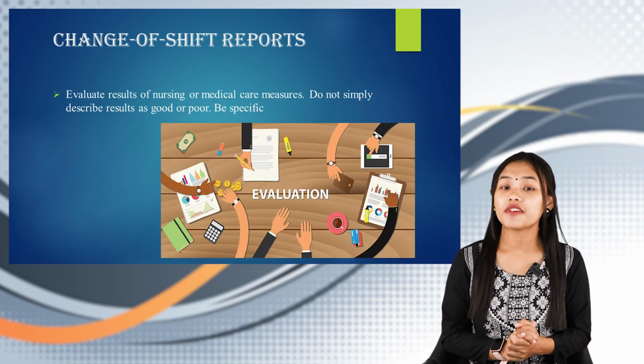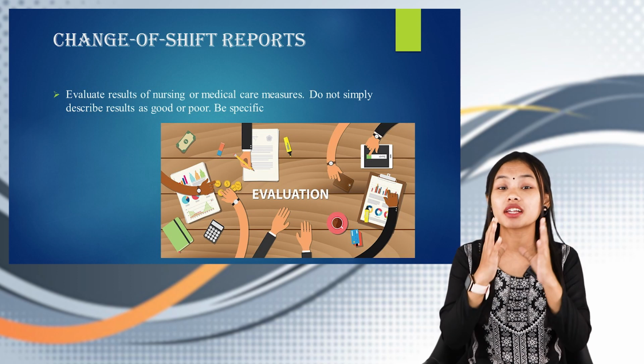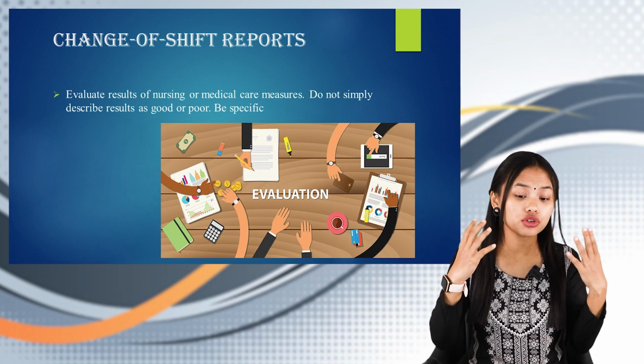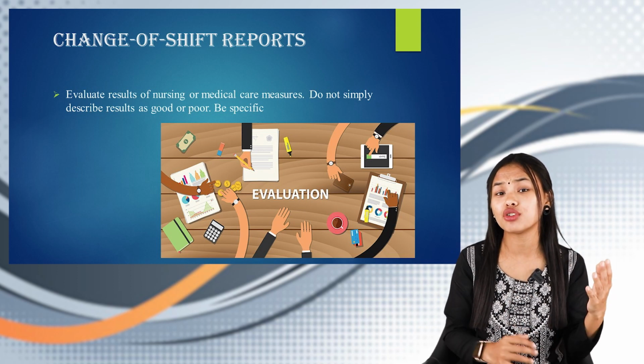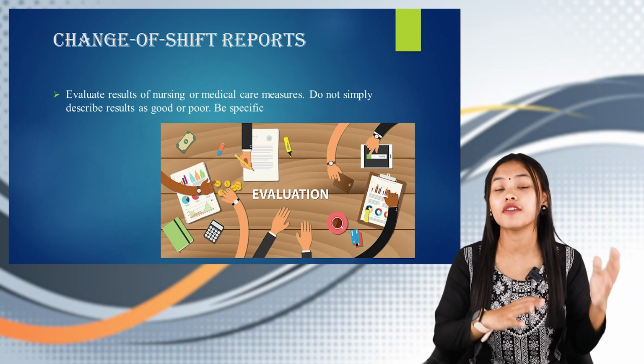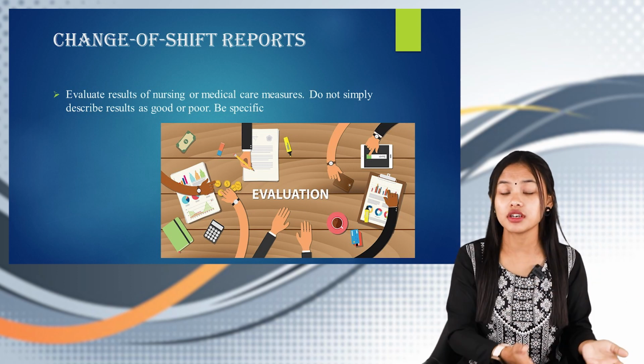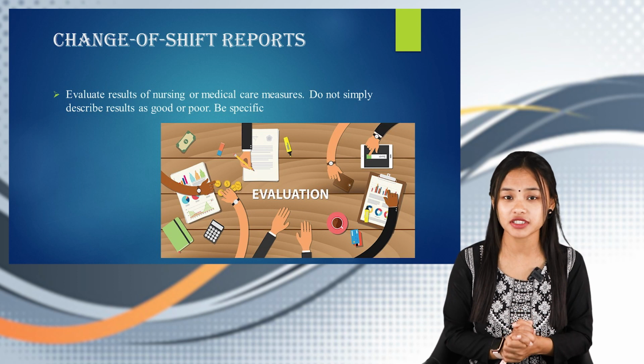You should also evaluate the results of the nursing care as well as the medical care measures. And here we should not simply describe results as good or poor. We should be specific. So whenever there is a change of shift, whenever you report any information about the client to the other nurse, you should make sure that you are specific.